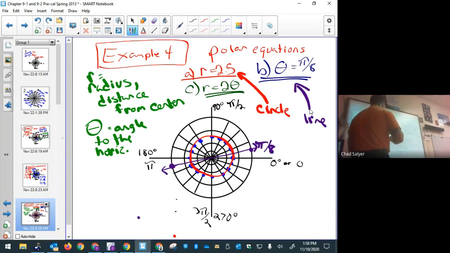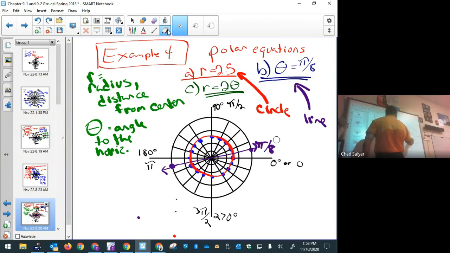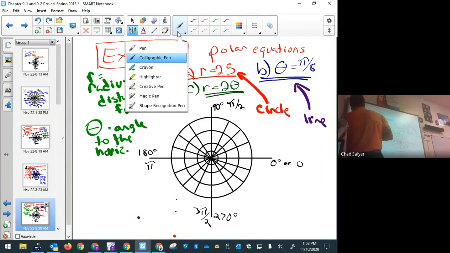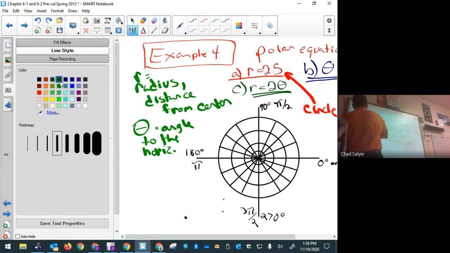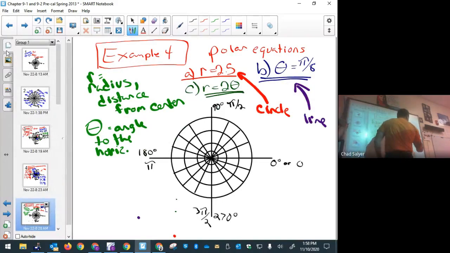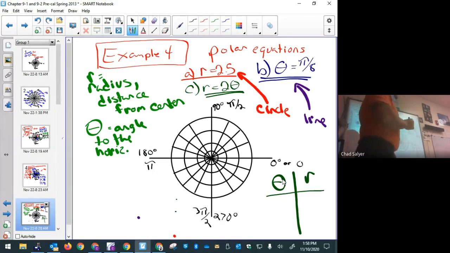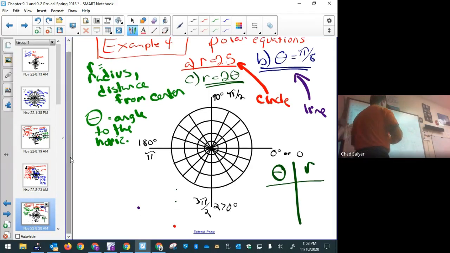And in order to plot that, I'm going to erase what we had here before, because this one's a little more complicated and we'll need a little chart. So let's do theta and r, and we'll pick a few values here that'll help us understand the pattern.